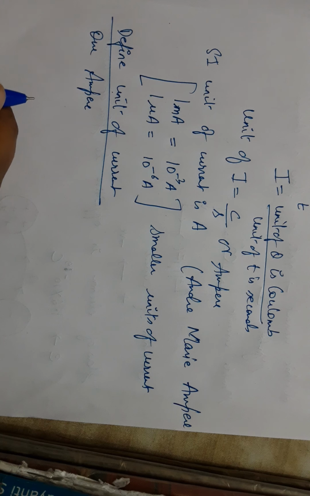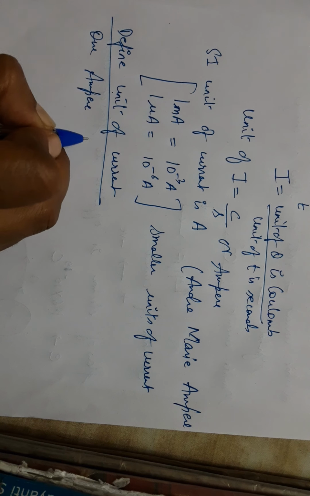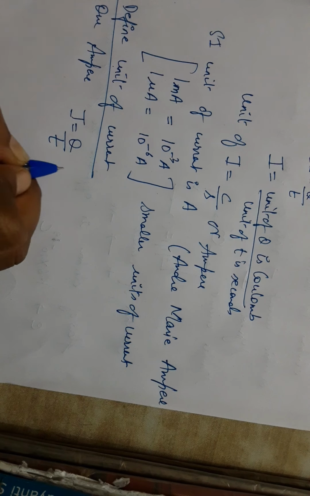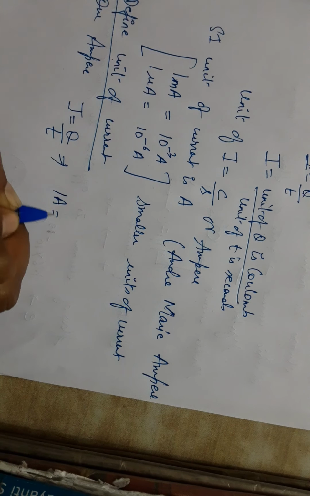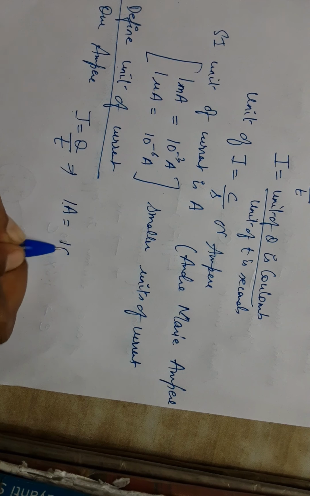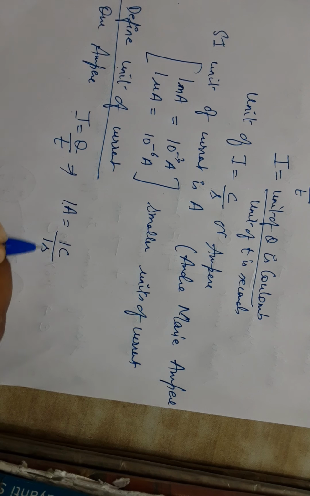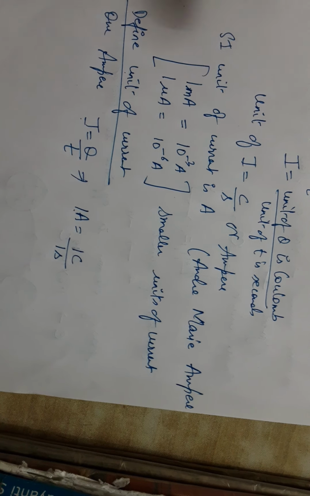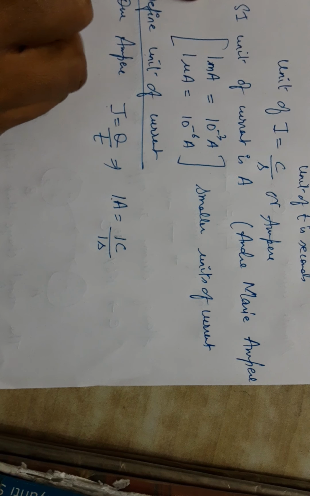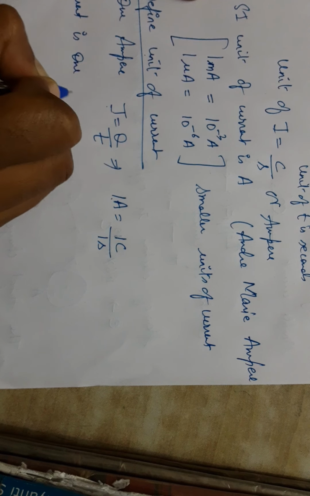Defining 1 ampere is very simple. Write the formula I equals Q upon T. Current is said to be 1 ampere when 1 coulomb of charge flows through a conductor or a wire in 1 second.